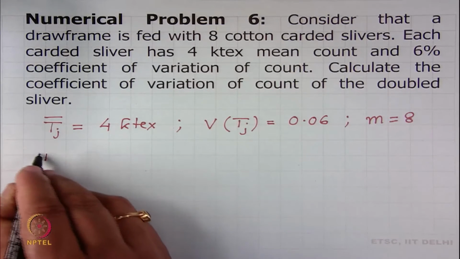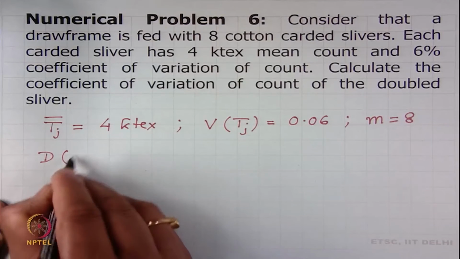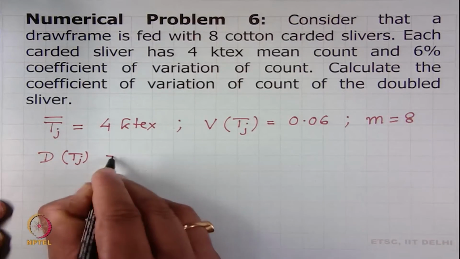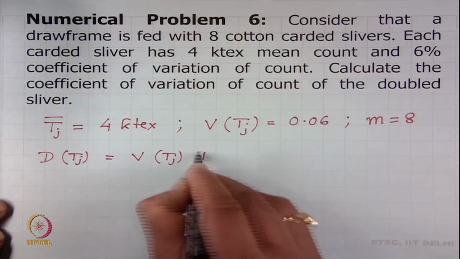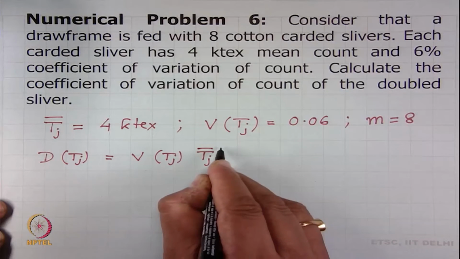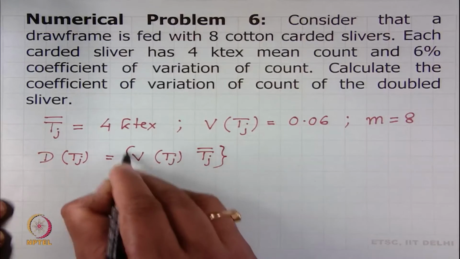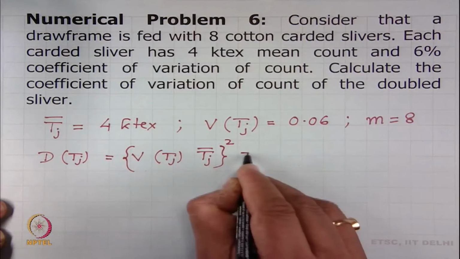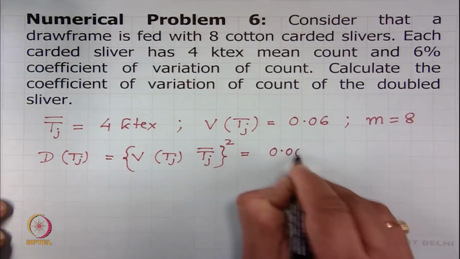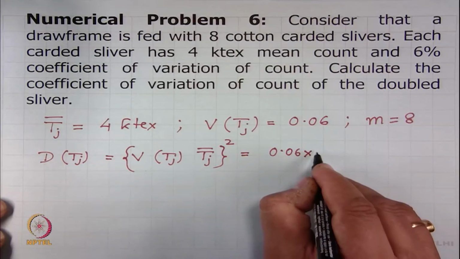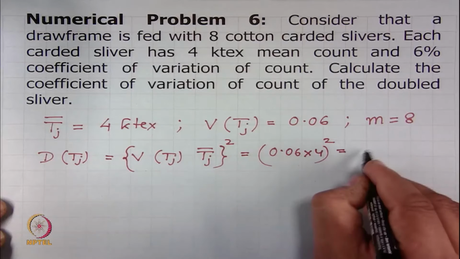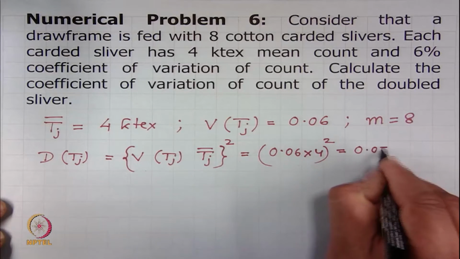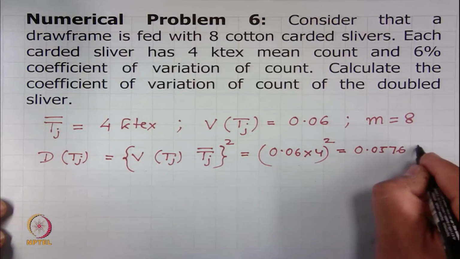So, what will be the variance of an individual one? What will be the unit?